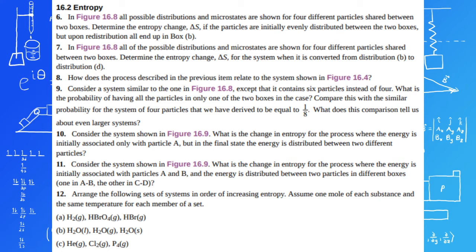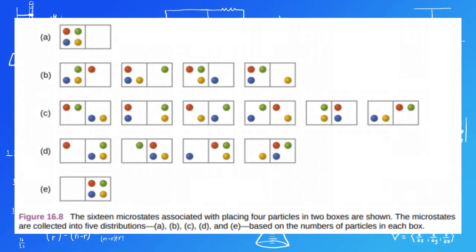So if I go back to that figure, let's see. They said, determine the entropy change if the particles are initially evenly distributed between the 2 boxes. So that's like state C.